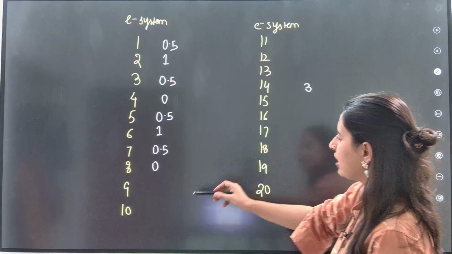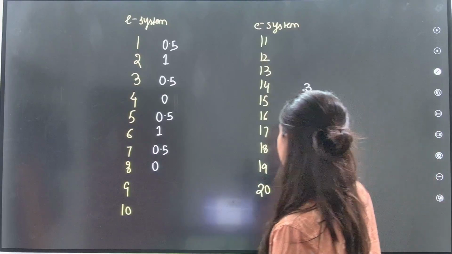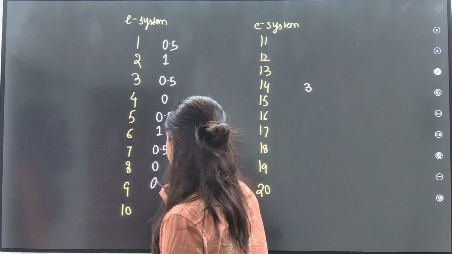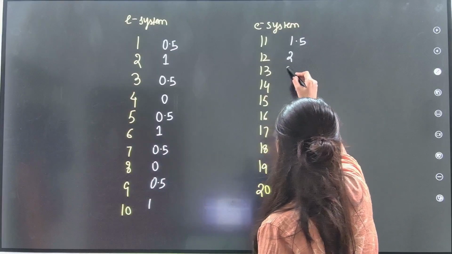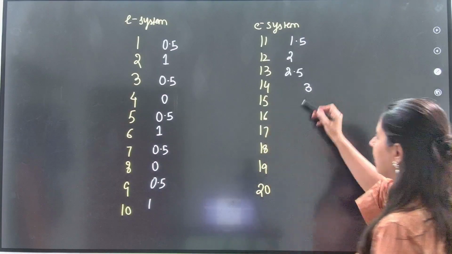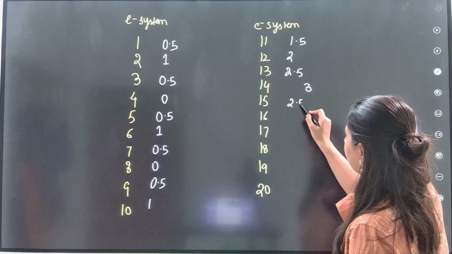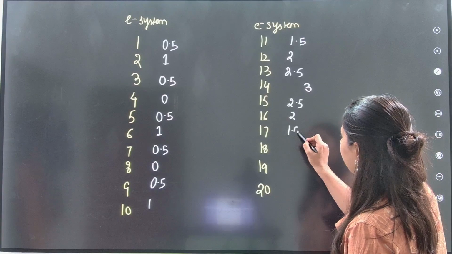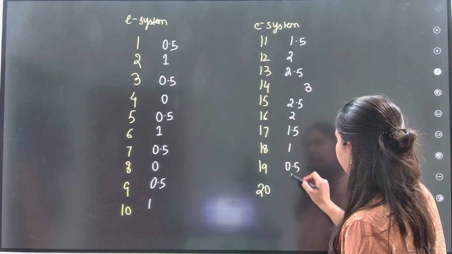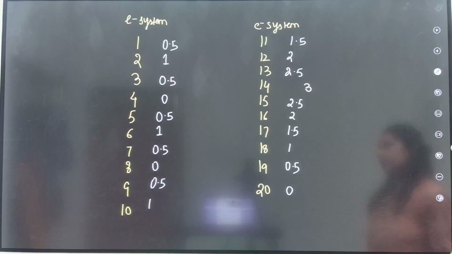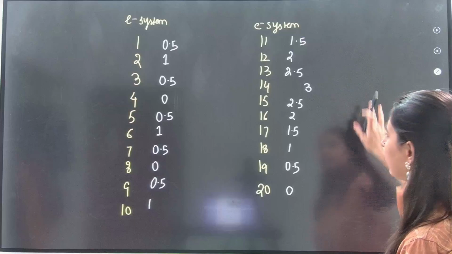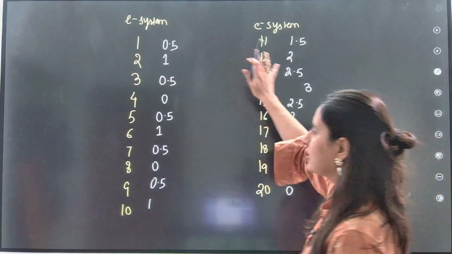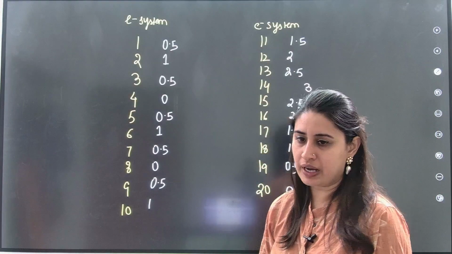So we can keep increasing by 0.5 till we reach 3: 0.5, 1, 1.5, 2, 2.5, 3. Now we keep on decreasing: 2.5, 2, 1.5, 1, 0.5, 0. That's it. We have the entire bond orders of different electron systems in a molecule in front of us.